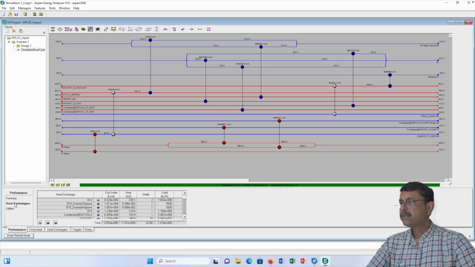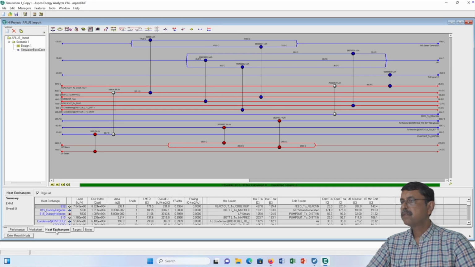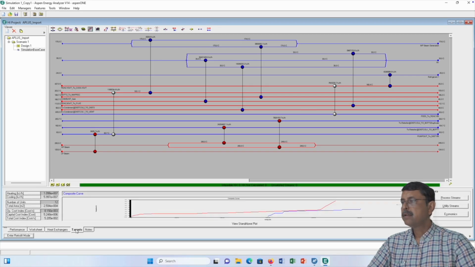This is the heat exchanger. This is the utility. Everything has been given. The worksheet has been given. Heat exchangers given. The details, everything they have given. This is the target that needs to be achieved. You can see the pinch point will be somewhere over here.